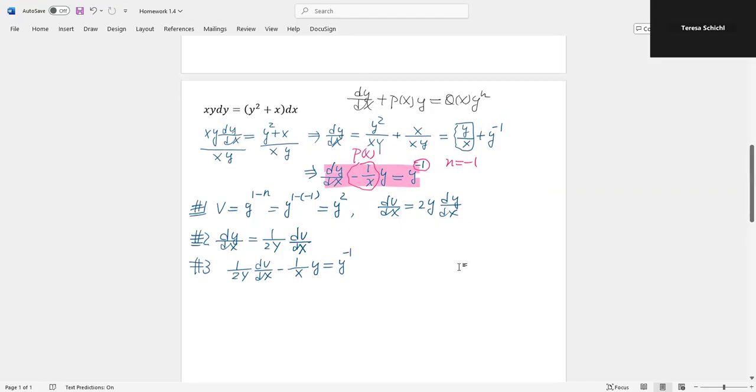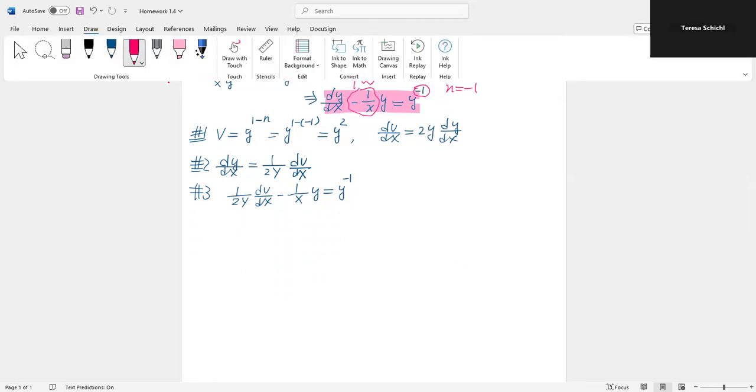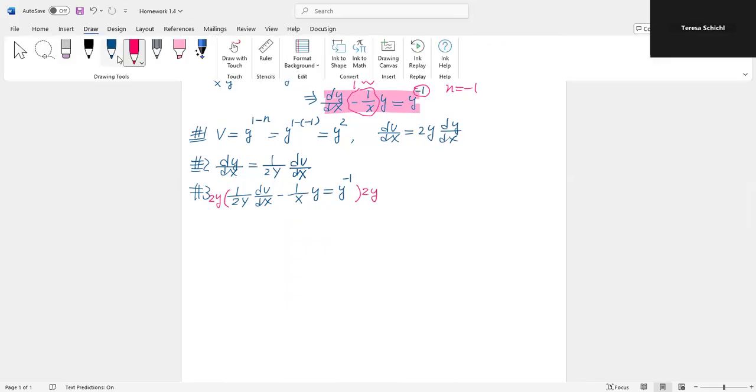Then the next step is to simplify the dv/dx. In order to simplify, I can multiply both sides by 2y.